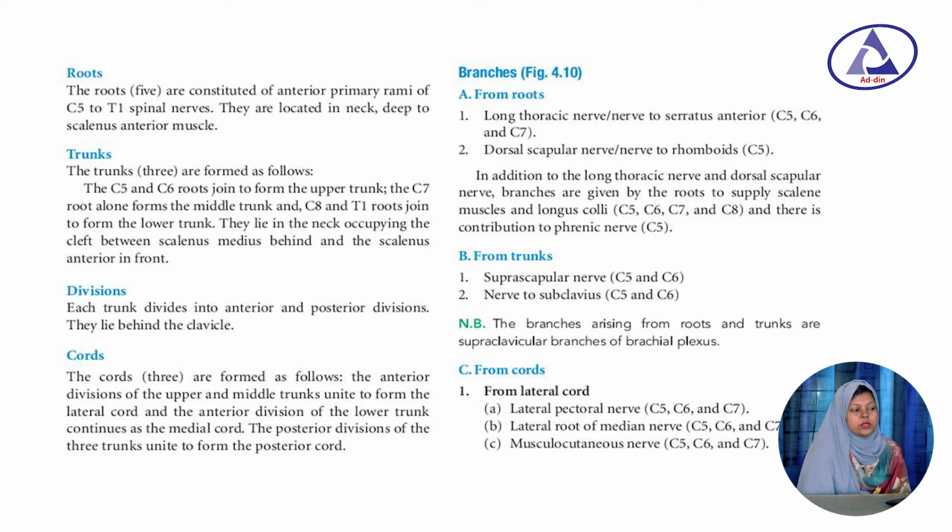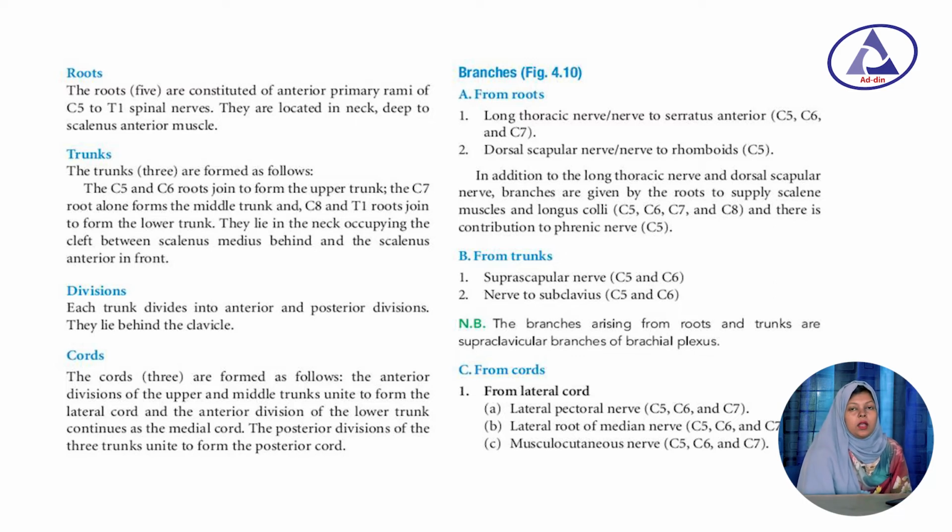Now comes our division. Each trunk divides into anterior and posterior divisions. They lie just behind the clavicle. Now, the cords. They are 3 in number: lateral cord, medial cord and posterior cord. The anterior divisions of the upper and middle trunks unite to form the lateral cord.